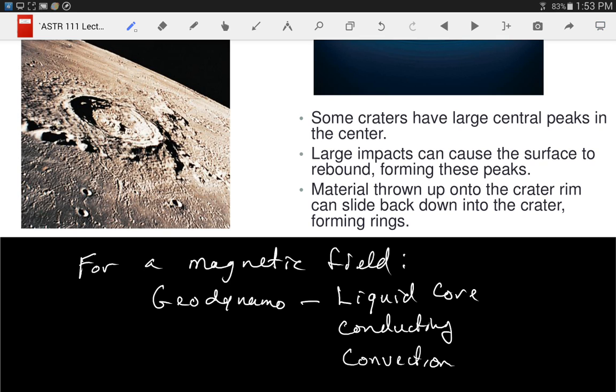Now, the area of a sphere is proportional to the radius squared. The amount of heat it has is proportional to its volume, so proportional to the radius cubed. So the ratio between how quickly you're losing heat and how much you have is proportional to 1 over the radius.